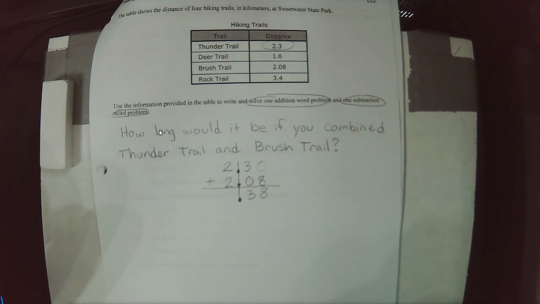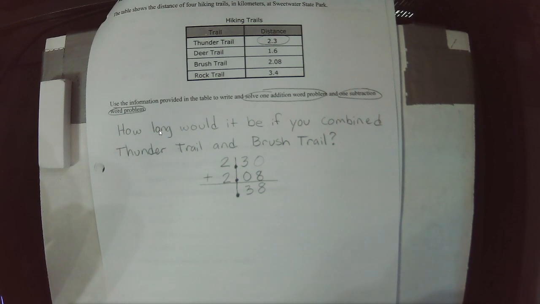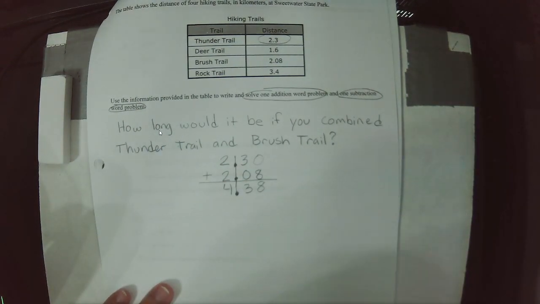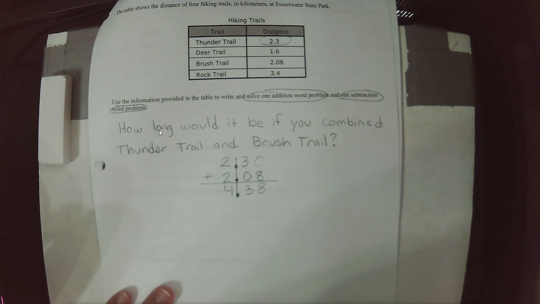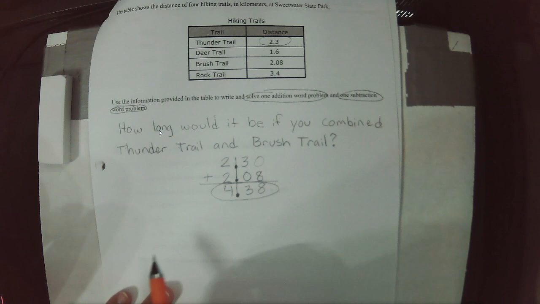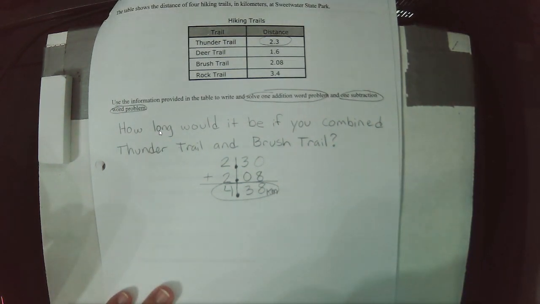What is 2 plus 2? Jada? What would I get? 2 plus 2 is what? 4. So our answer for this problem, how long would it be if you combine Thunder Trail and Brush Trail? 4.38, and they told us they were measuring in kilometers.